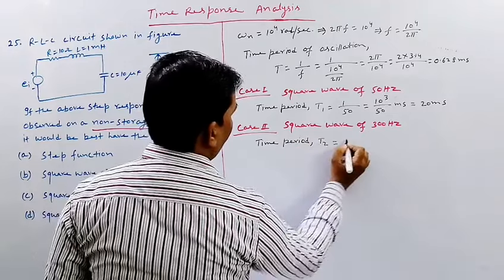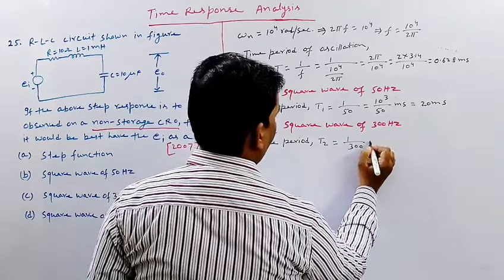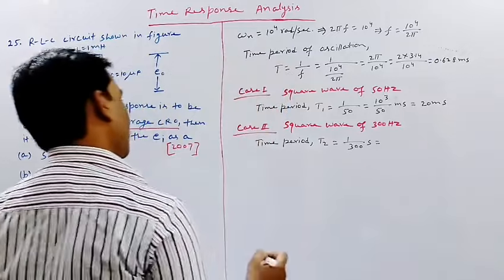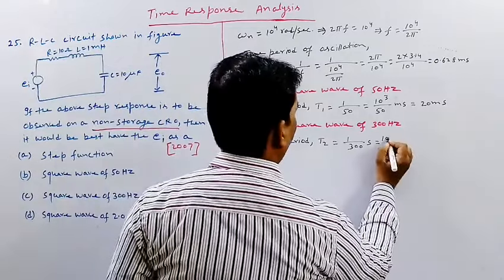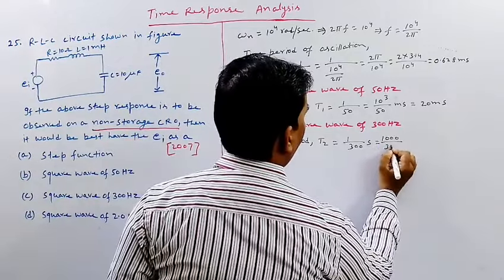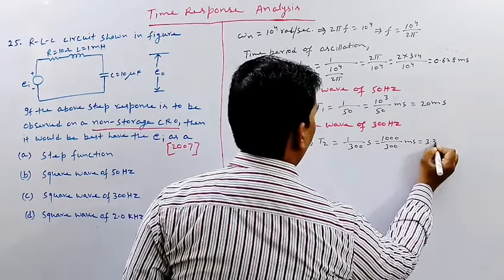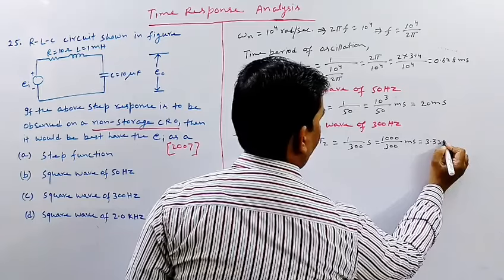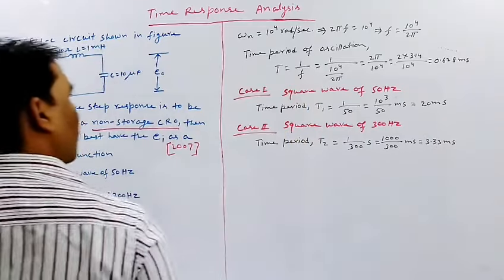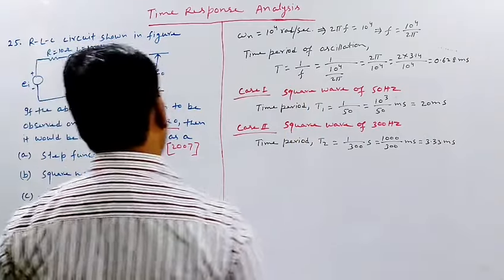T2 will be nothing but 1 by 300 second. So it will be 1000 by 300 millisecond, which is about 3.33 millisecond.